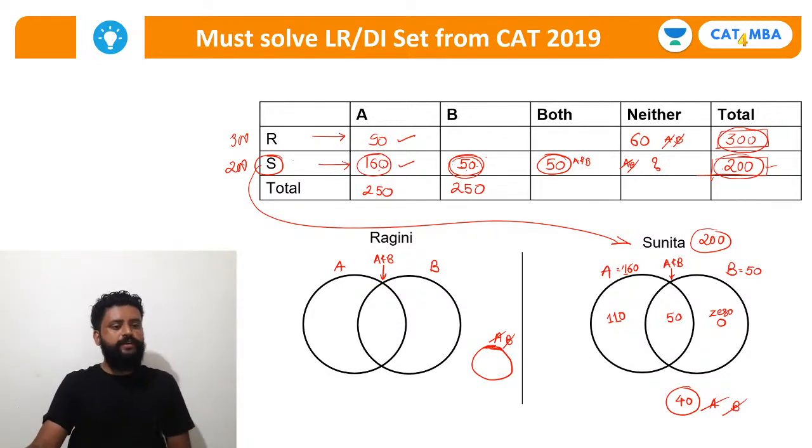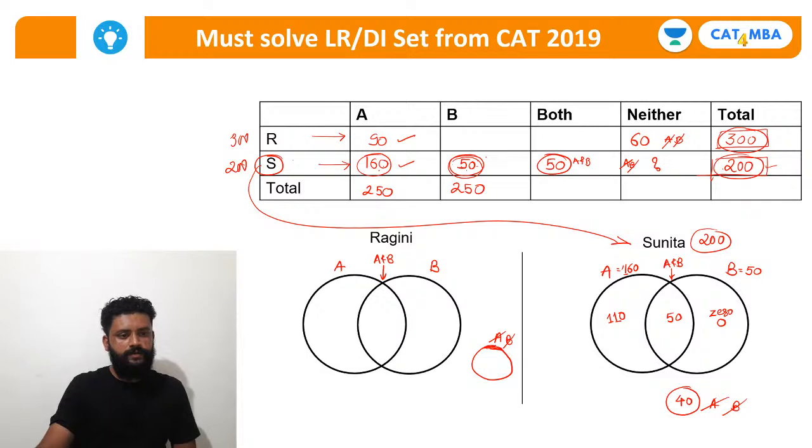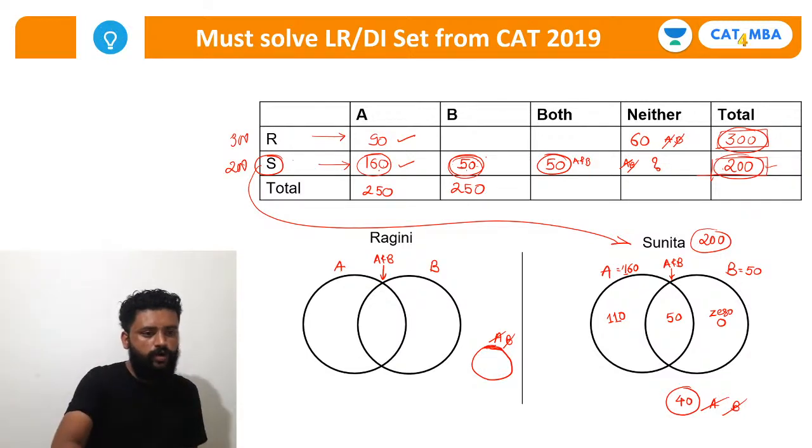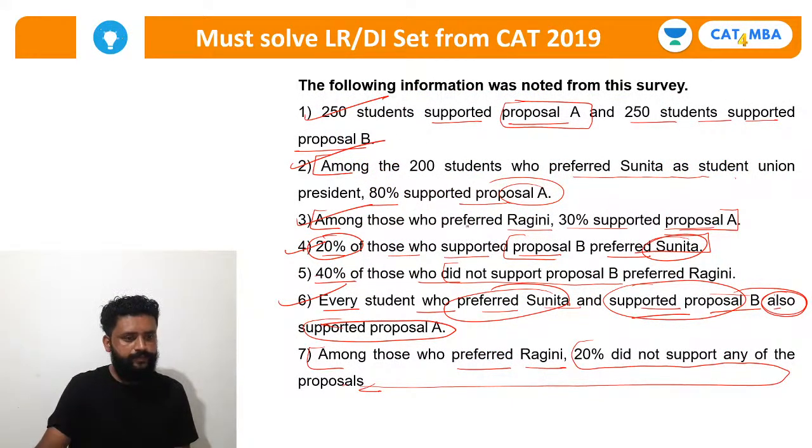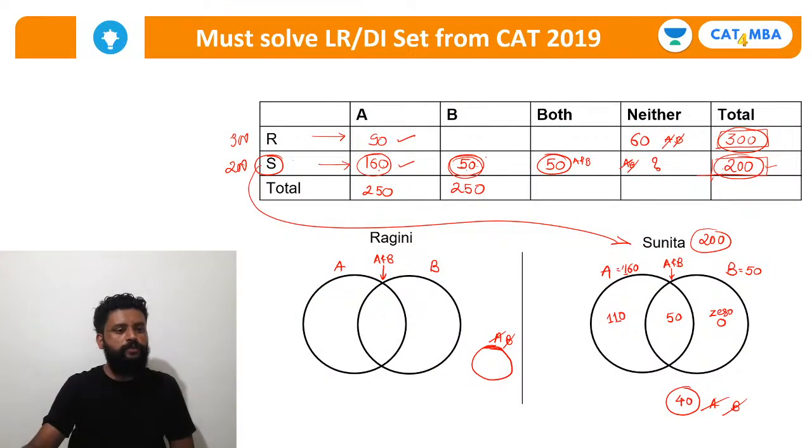Okay, after that we know 60, 90, then we have one more clue, related to B. Okay, one more thing we have.